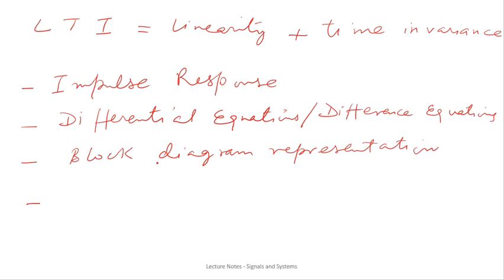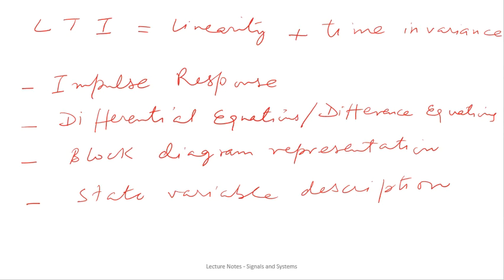And then we can also have the state variable description of the system. So these are the different methods of representing the input output relationship of the system.